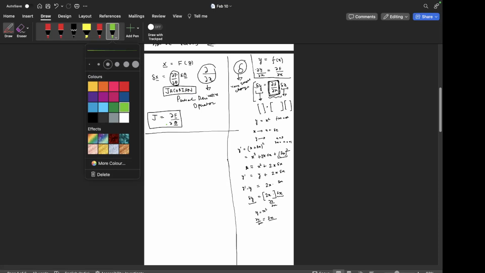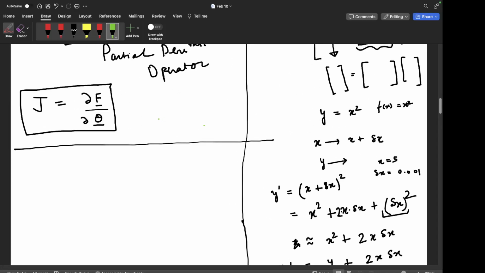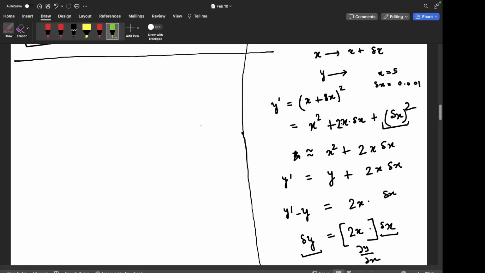So let's take an example on our most common and useful system, the 2R manipulator. So the Jacobian of the end effector for a 2R manipulator.